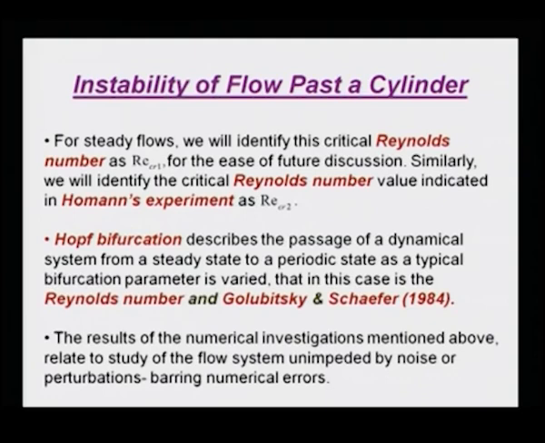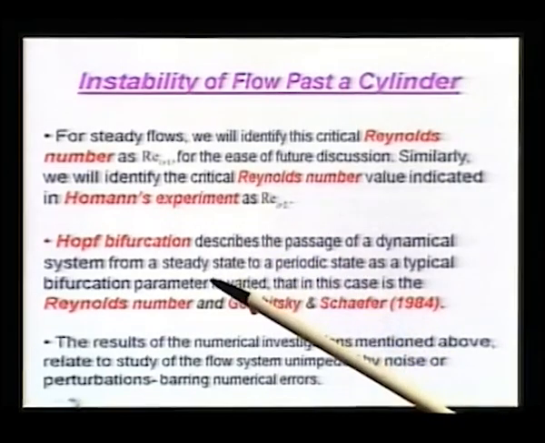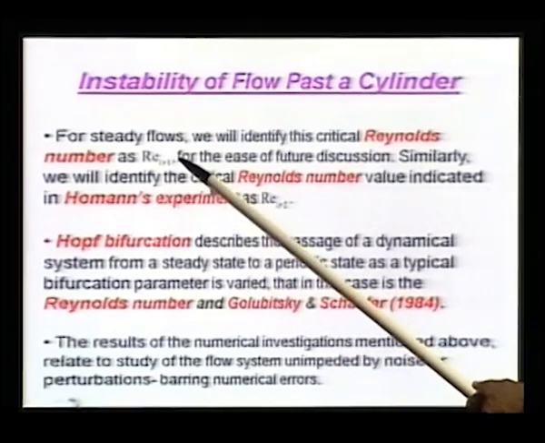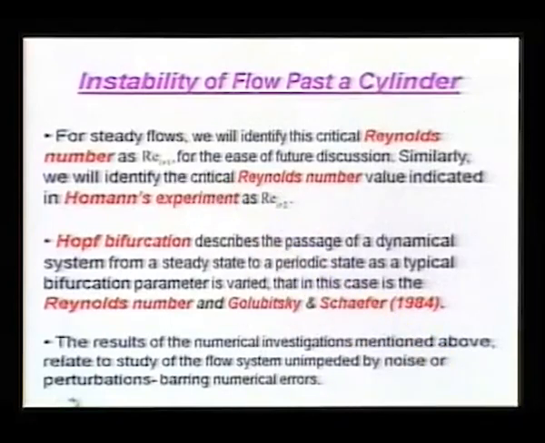So what we see as the instability reported by those numerical investigations in the vicinity of 45, let's call that Re critical 1. And the value reported by Hohmann, let's call it Re critical 2.